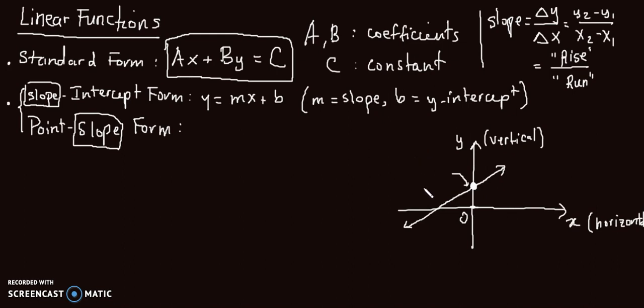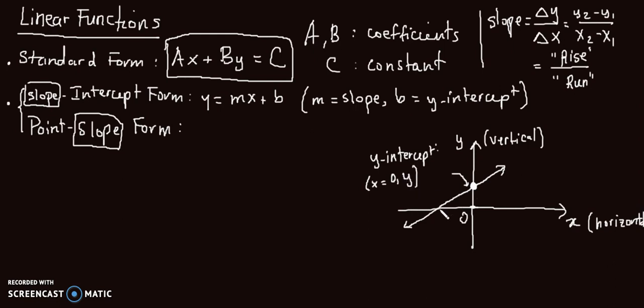If you look at this point, what is the x coordinate? The x coordinate would be 0. So for the y-intercept, x will be 0, and this one would be y.